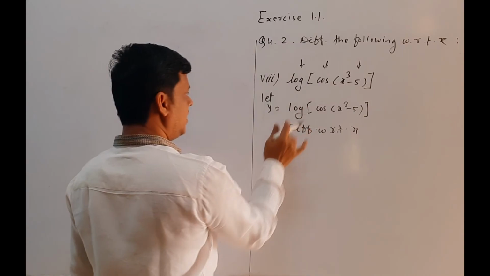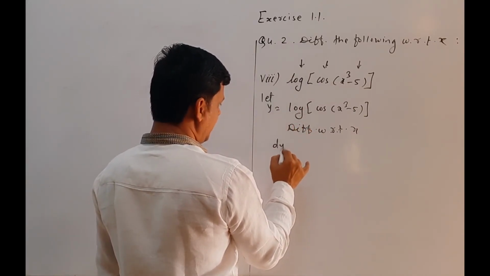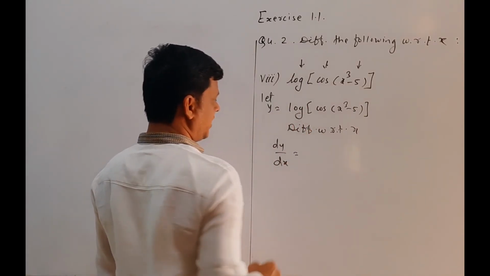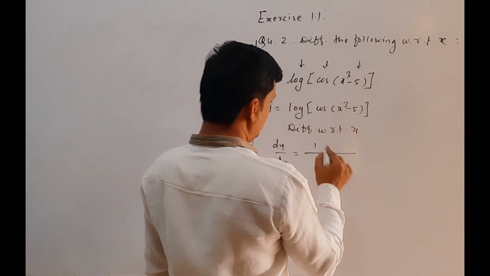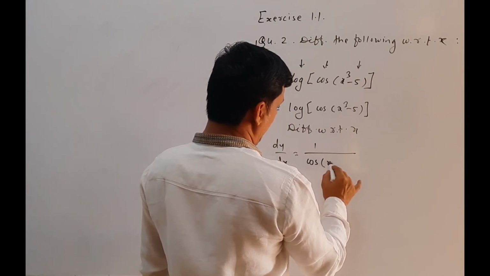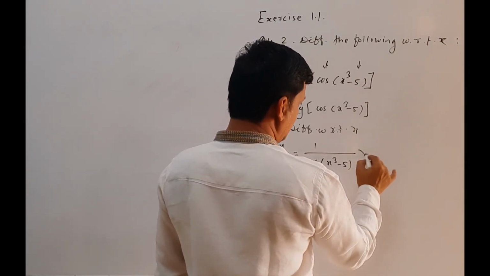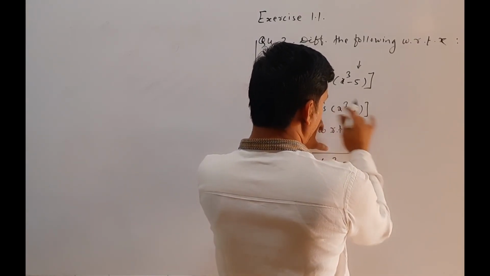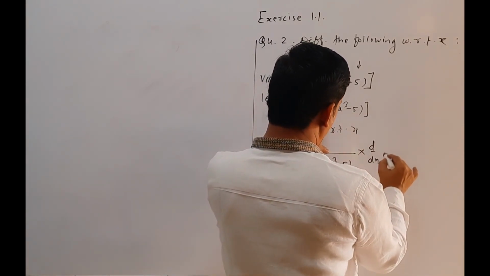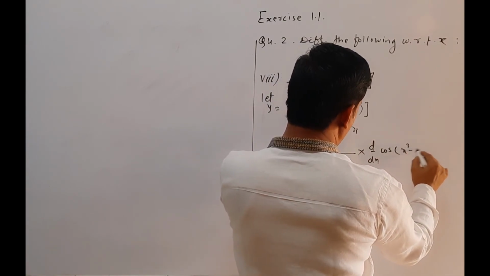So first we find the derivative of log. In left hand side we find the derivative of y. So we write dy by dx is equal to derivative of log is 1 upon. So we write here 1 upon cos of x cube minus 5. Then we have to find the derivative of this cos. So derivative of cos of x cube minus 5.